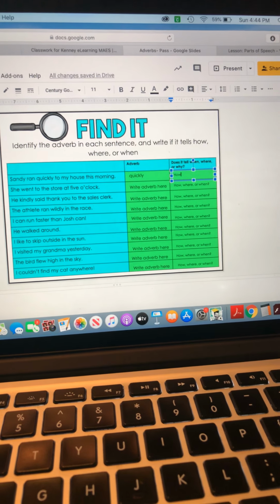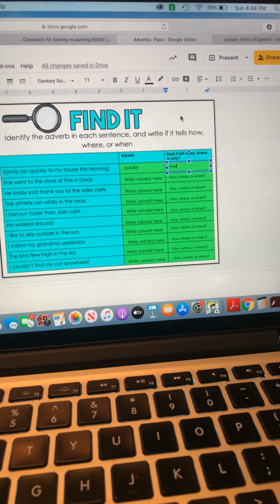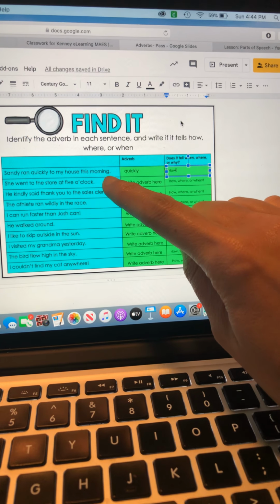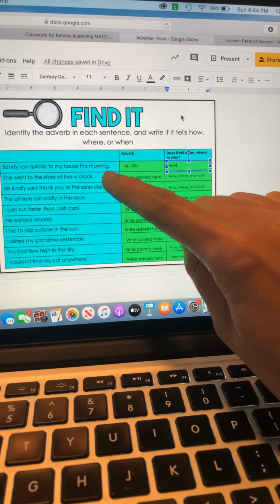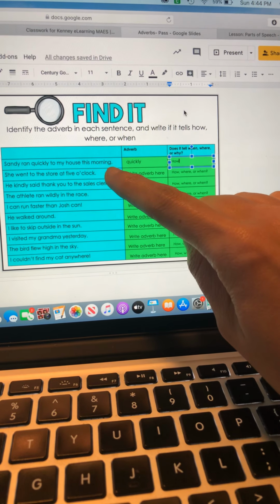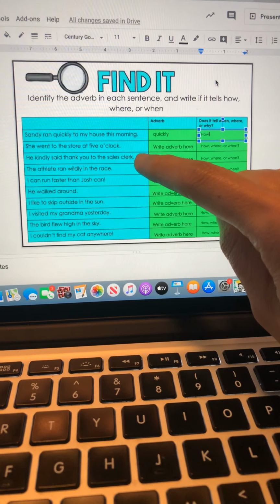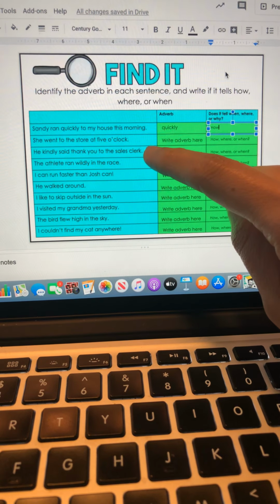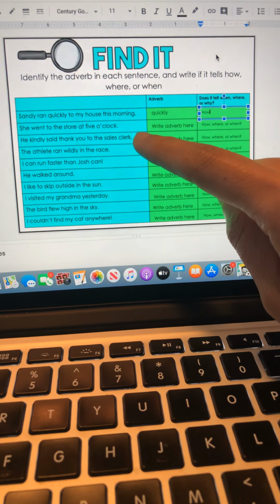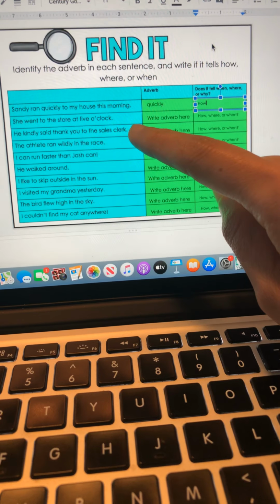All right. So now I'm going to go through and I'm going to read the rest of the questions. All right, the next one is she went to the store at 5 o'clock. All right, the next one. He kindly said thank you to the sales clerk.